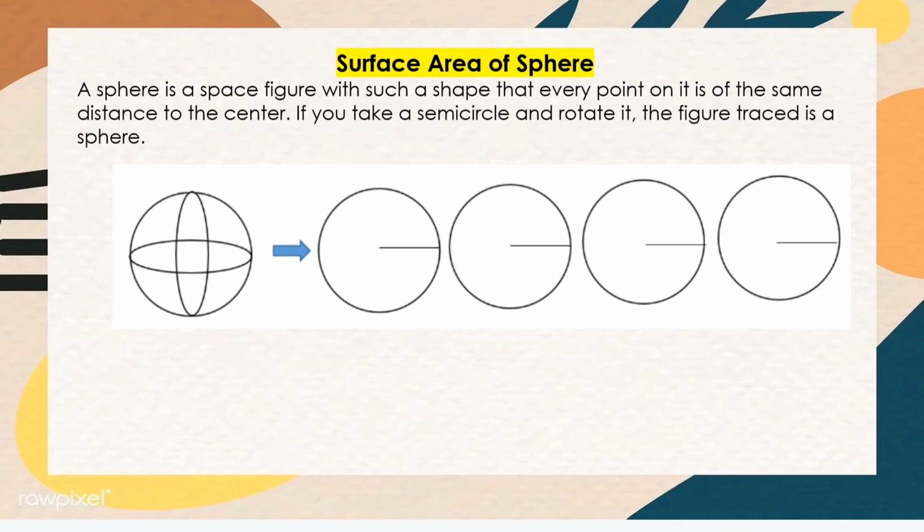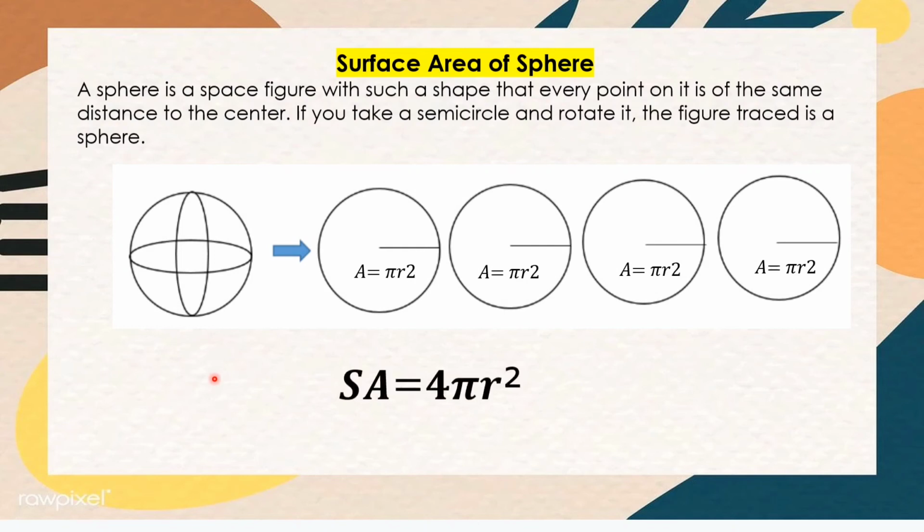Here is an example of a sphere with 4 circles that completely cover the surface of a sphere of the same radius. The area of a circle is pi r squared, and we have 4 here. So the formula will be: surface area is equal to 4 times pi r squared.